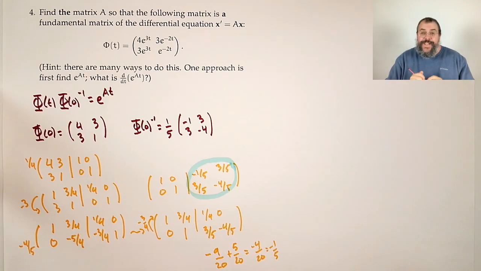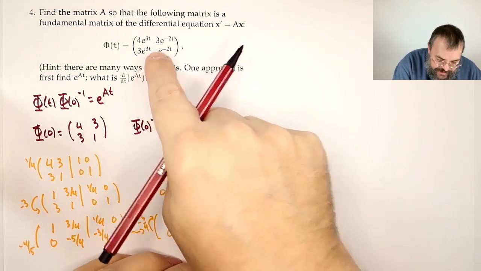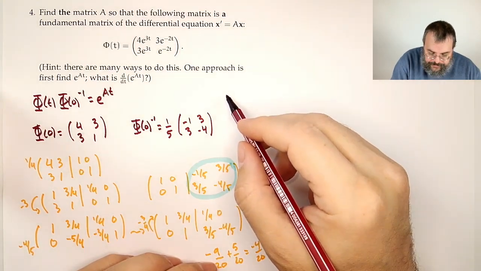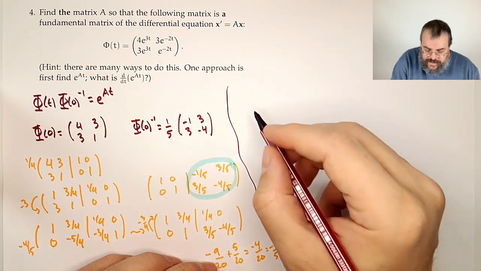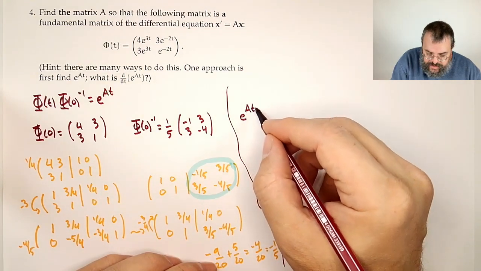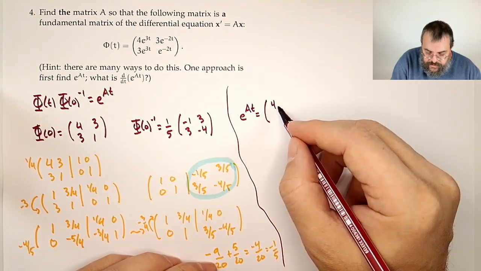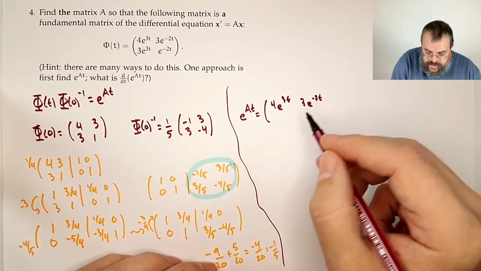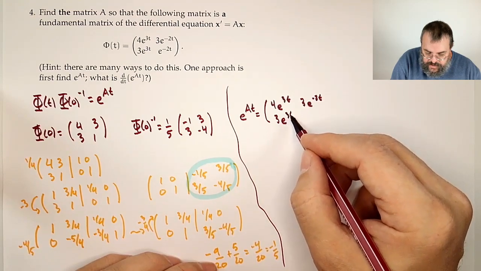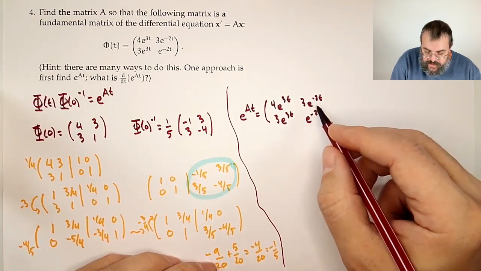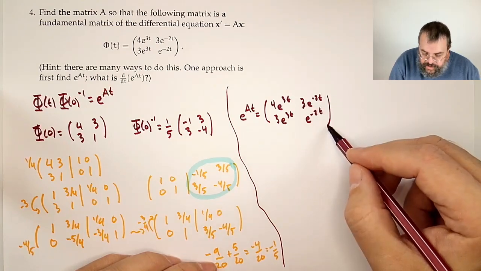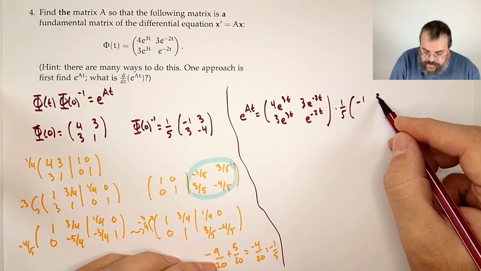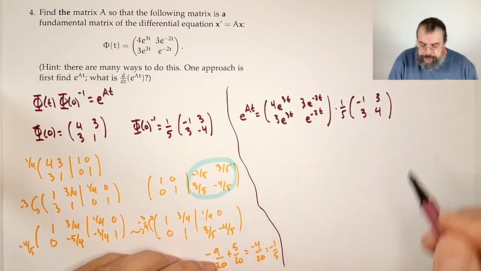So next step, we're going to multiply phi of t by phi 0 inverse. So we're going to get the following. All right, so e to the at is 4e to the 3t, 3e to the minus 2t, 3e to the 3t, e to the minus 2t, times 1/5 minus 1, 3, 3, 4.